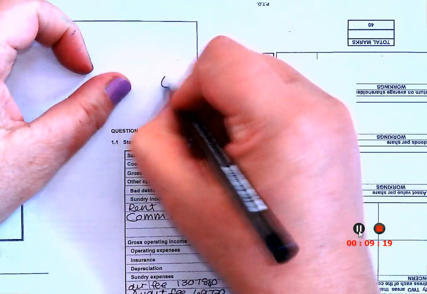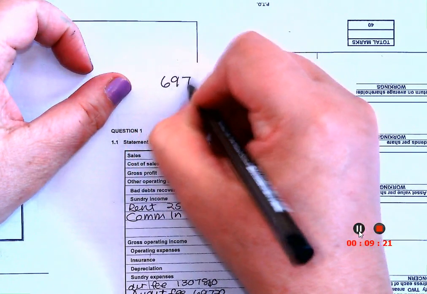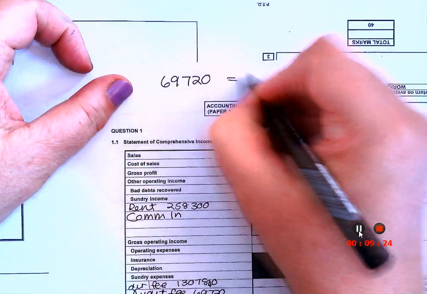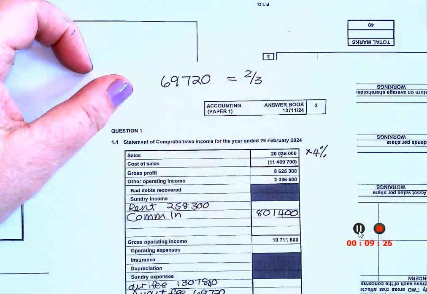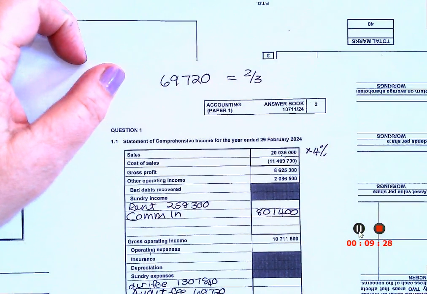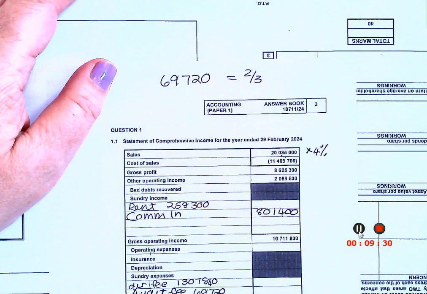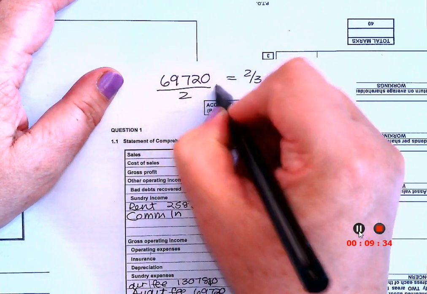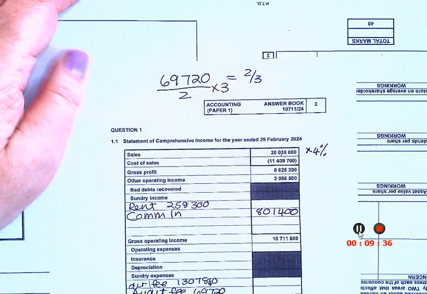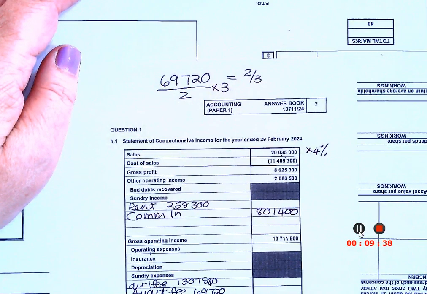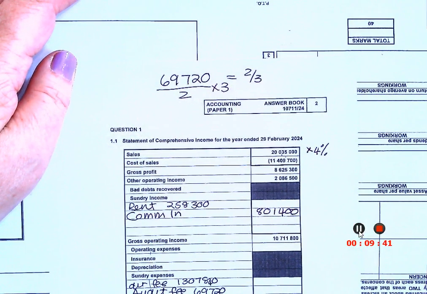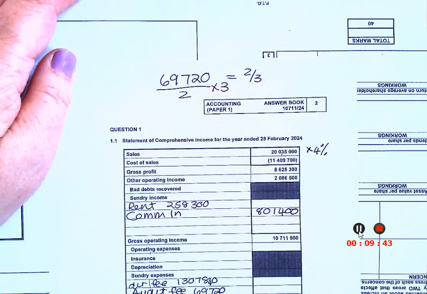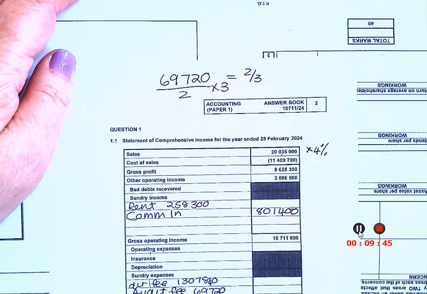So I'm going to do a little calculation here. That 69,720 is equal to 2/3. Okay, so how will I get it? What am I going to do? I'm going to divide it by 2 and I'm going to times it with 3. Isn't that what we are going to do? And then if you do that, no, I'm doing it wrong.